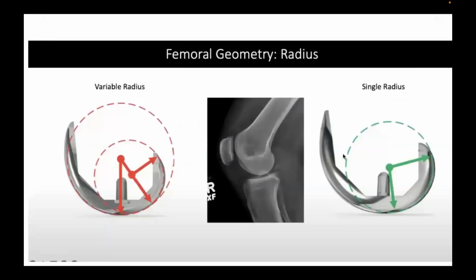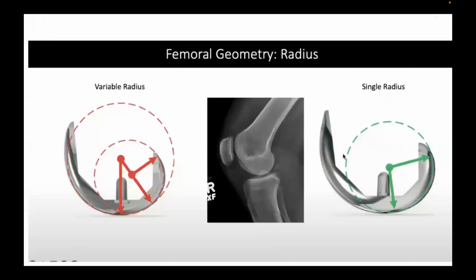So let's discuss the femoral geometry, the sagittal radius of curvature. Based on the femoral geometry, the implants can have a single radius, multiple radius, or gradually reducing radius. Variable radius or multi-radius implants have a J curve.